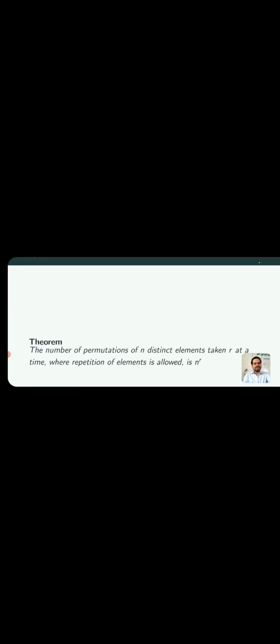This is the concept of repetition of elements, or objects, being allowed. Let us see one result on this.